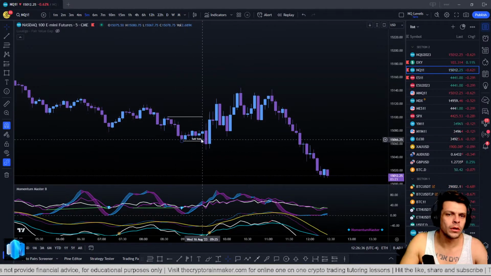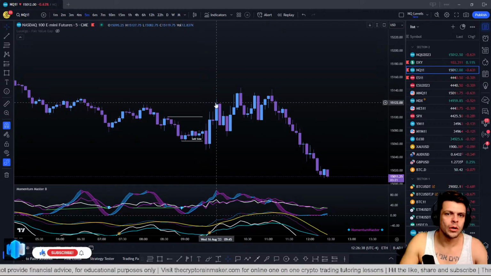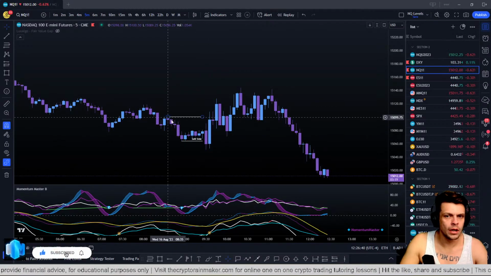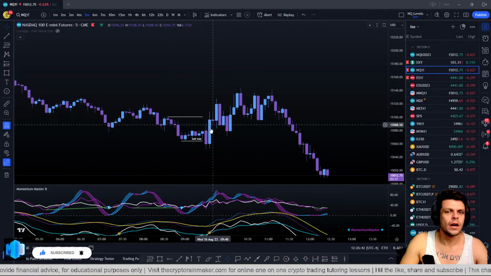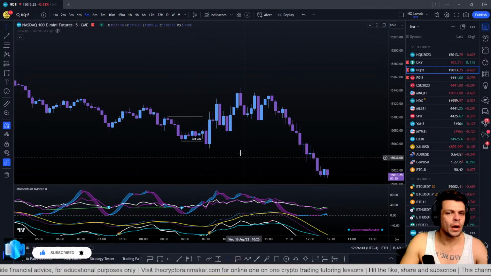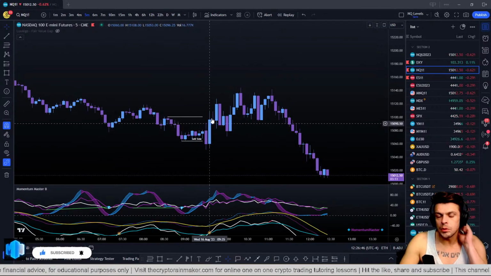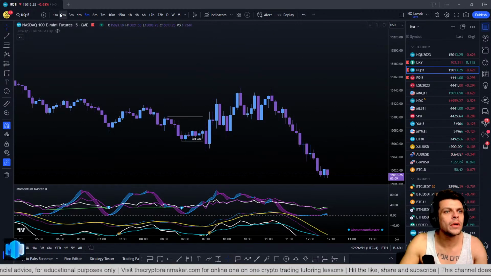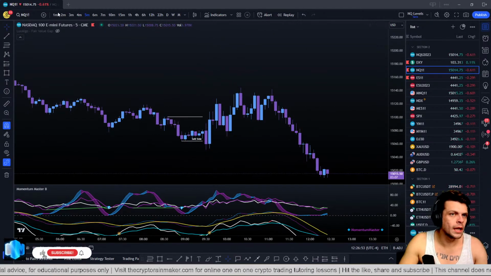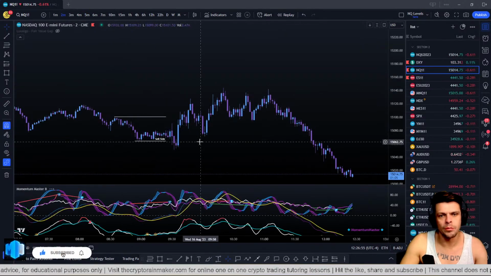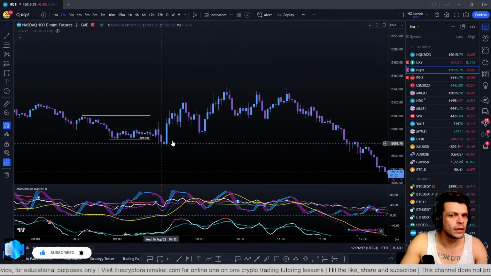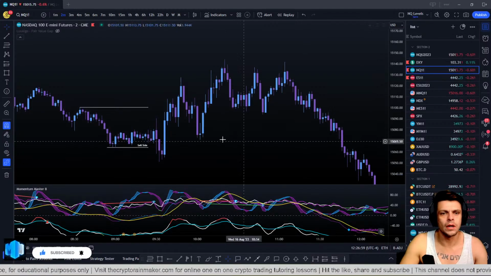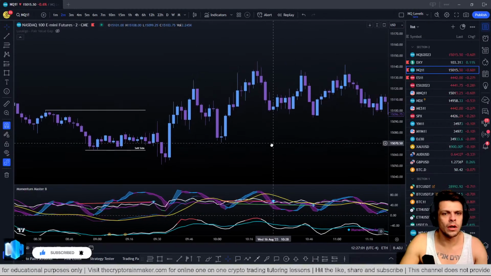But we got the market structure shift. Price action moved above this high, market structure shift. Unfortunately, in my trading plan, I want to see displacement on the 5-minute chart, so on the 5-minute I want to see this fair value gap, but for this one we didn't have it. So I bent the rule slightly and went down to the 2-minute, a time frame that I use a lot.